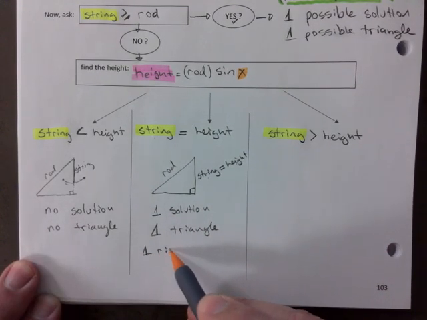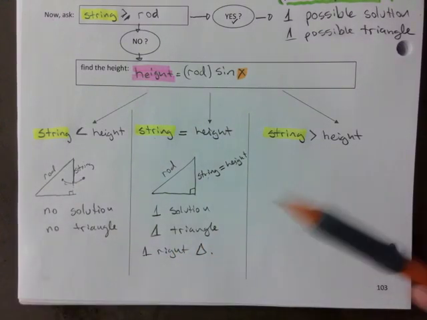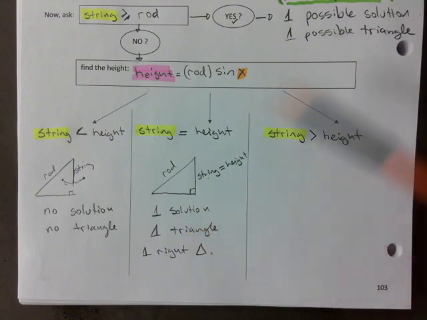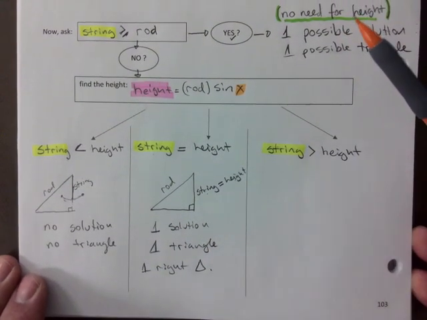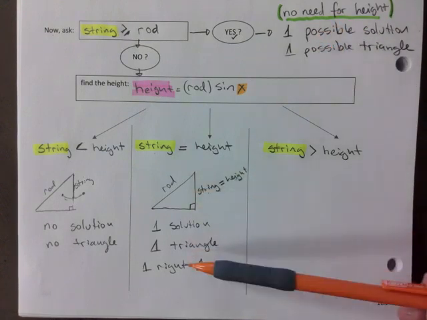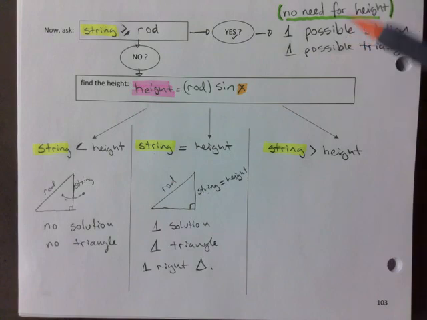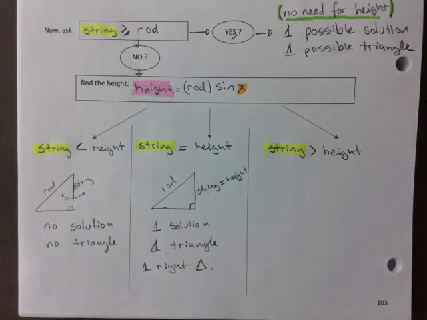One right triangle. So what's the difference between this and this one up here? Sorry, you can't see that. I'm going to try my best. This one is not a right triangle. This one is. So still there's one solution here, but here in particular you have a right triangle. Lots of fun, eh? I know.